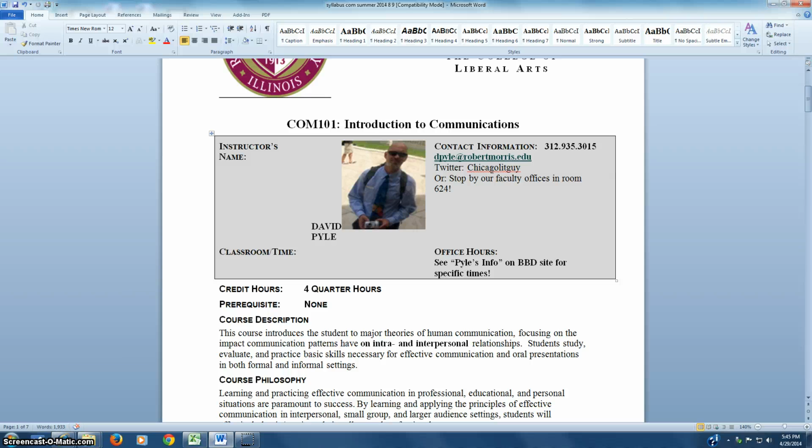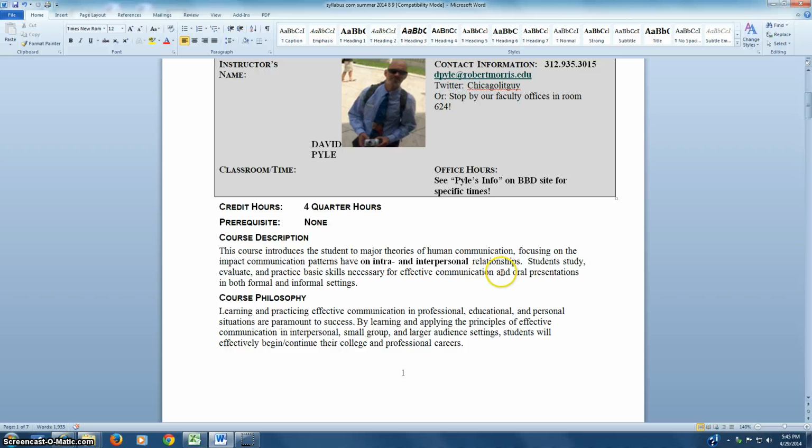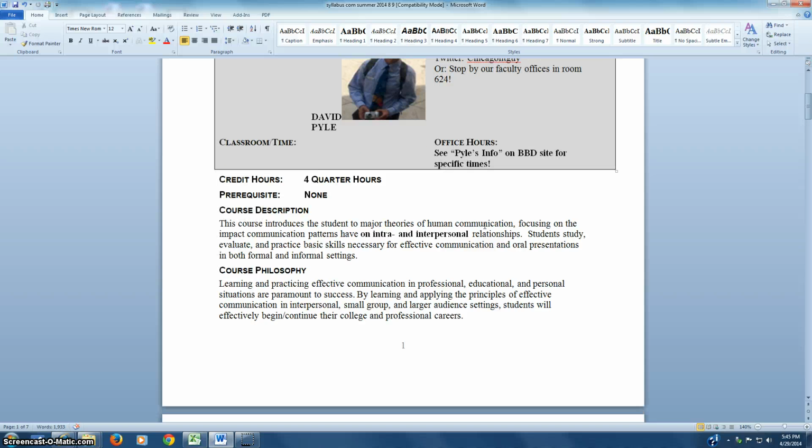I like to take photographs and send them out periodically. I also have a full-time cube in the full-time offices in room 624, and you can come see me whenever you'd like. For specific office hours, because they change per quarter, check the info on our Blackboard site.